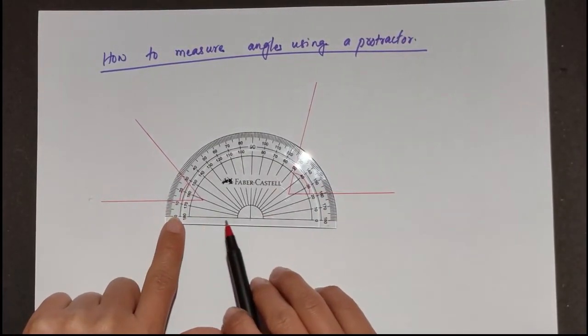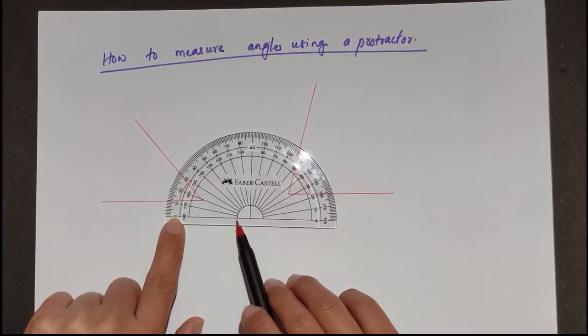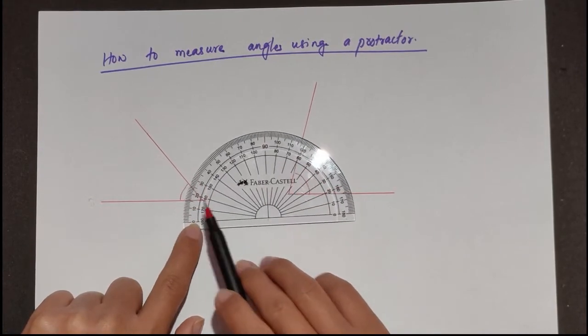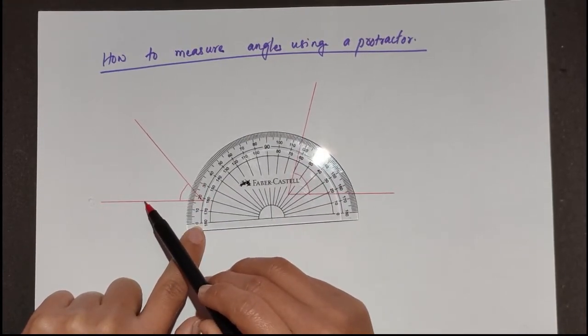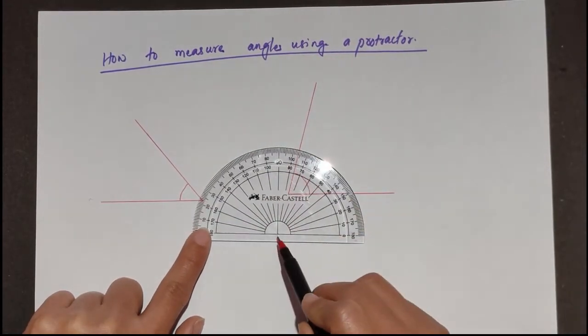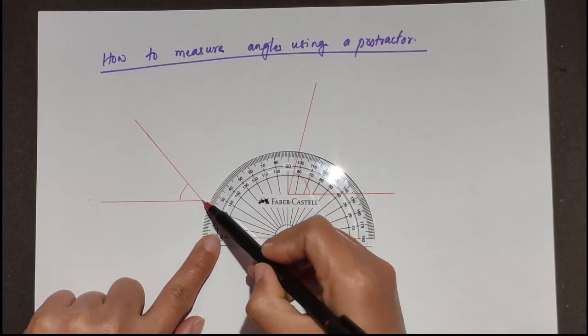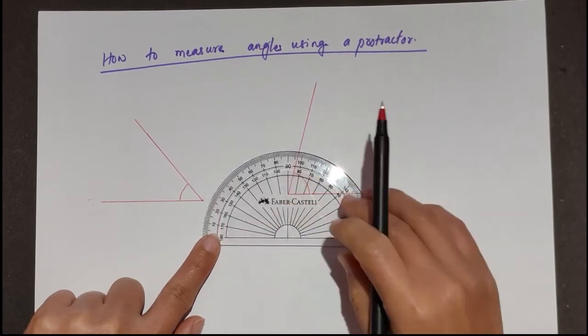The first step: when we look at the protractor, you can see this straight line. This line has to be on one of the lines of an angle. And the second step is to bring the center point of this protractor exactly on the meeting point of the angle.